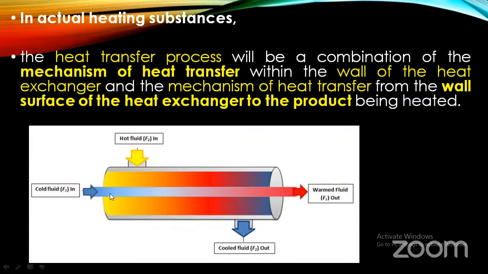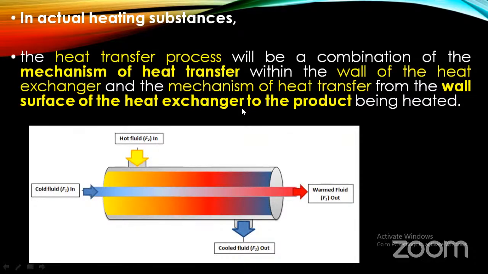Whereas inside the tube, the cooled fluid is sent in, and there is some heat transfer here, and it takes up the heat from the hot fluid, and the warm fluid comes out. So here we need to study the mechanism of heat transfer.